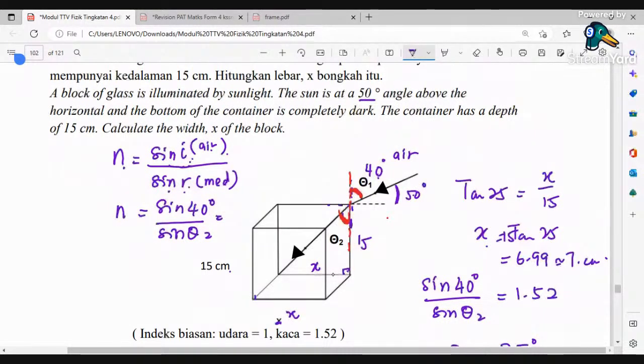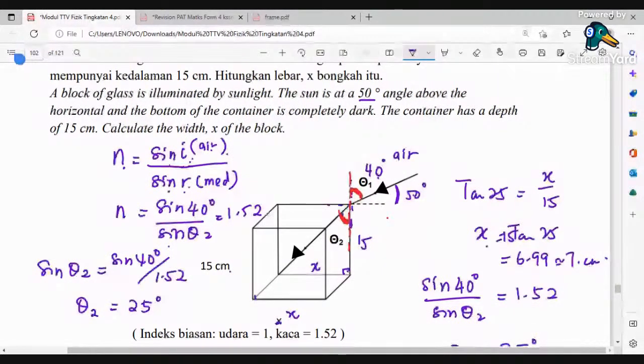So you calculate for sin theta 2 as sin 40 divide by 1.52. Okay, calculate for theta 2, you get 25 degrees. Okay, you dah dapat angle di sini ialah 25.